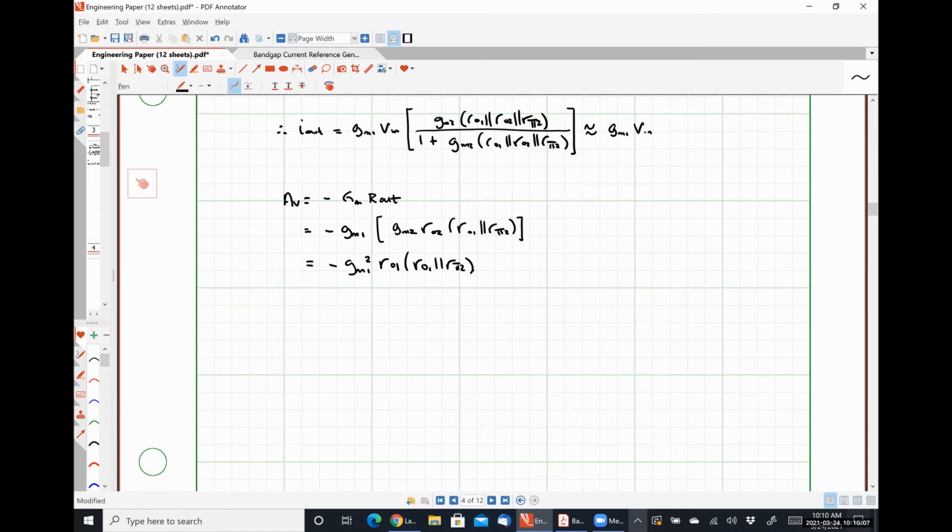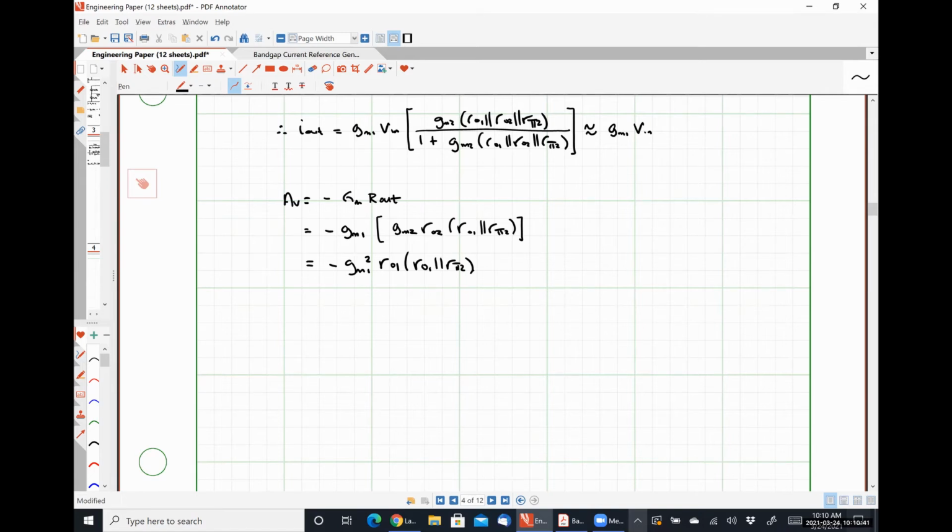So our gain then, as compared to a simple common emitter amplifier being loaded by an ideal current source, has been increased by a factor of GM1 times R01 in parallel with R pi 2. So we could probably observe that there's a pretty appreciable amount of gain, and that's actually the exact thing that we're going to do here in this next example problem.